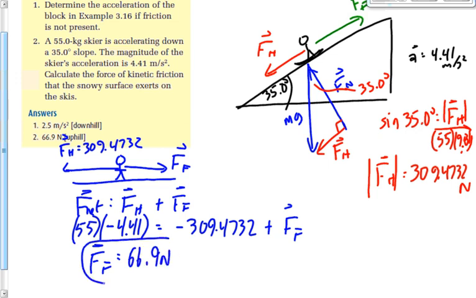Ryan, you would have got negative 66.9 newtons, right? Okay. But for me, forward was positive, and for you, forward was negative. Does that make some sense, guys? Okay with that?